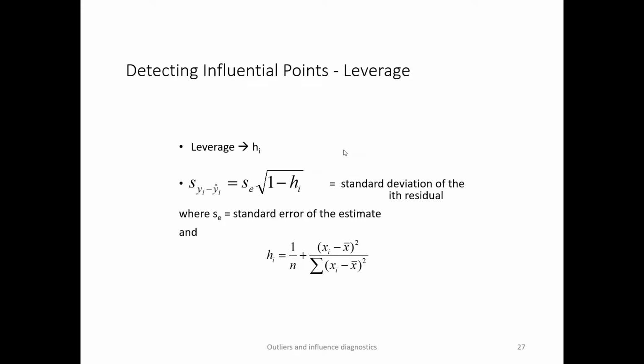And so we have a bunch of measures for indicating influential points. Okay, and you can typically find these on the formula sheet, or you can derive your own formula sheet that has these on it. So we have this influential point called the leverage. Now, I'm not saying in any way, oh my gosh, we've got to do this calculation where we're finding the standard deviation of the ith residual, we have a standard error of the estimate, and then we have this complicated H formula with all this other high-intensity, high-labor kind of calculations involved in it.